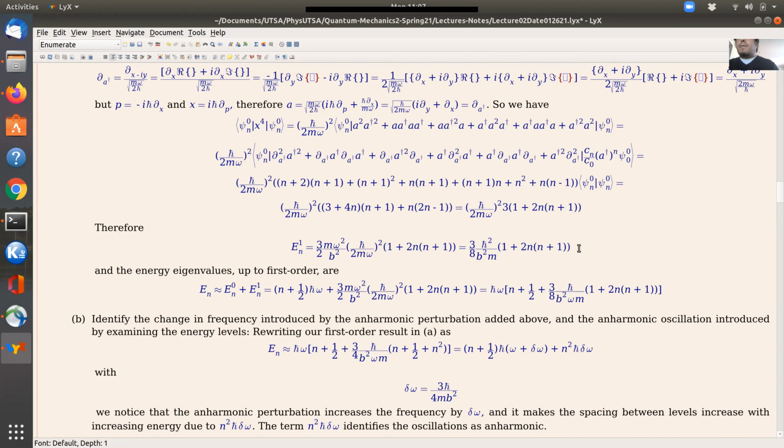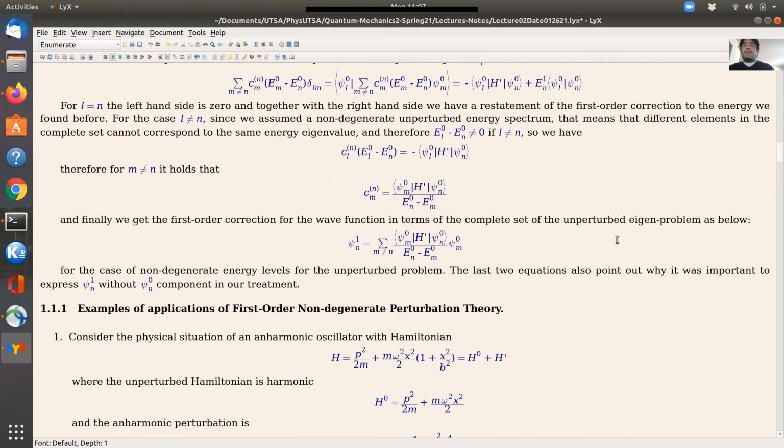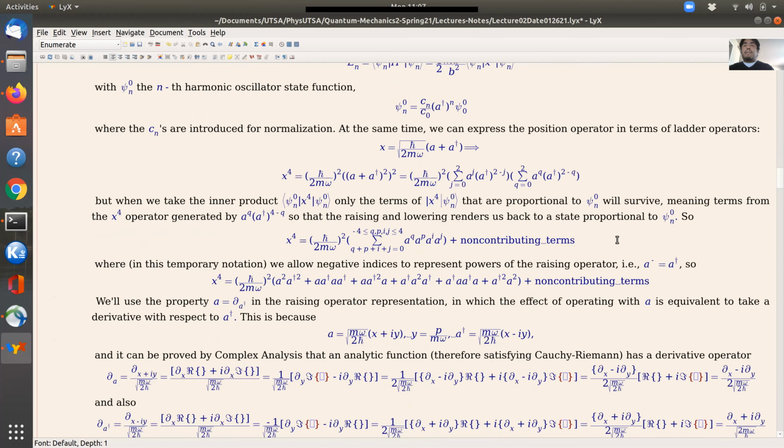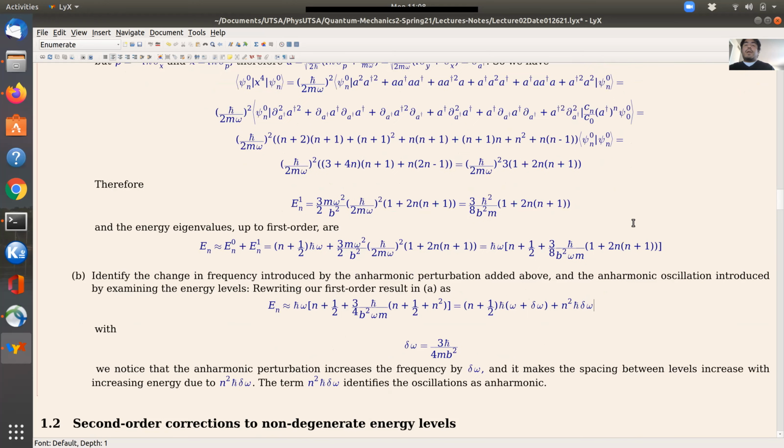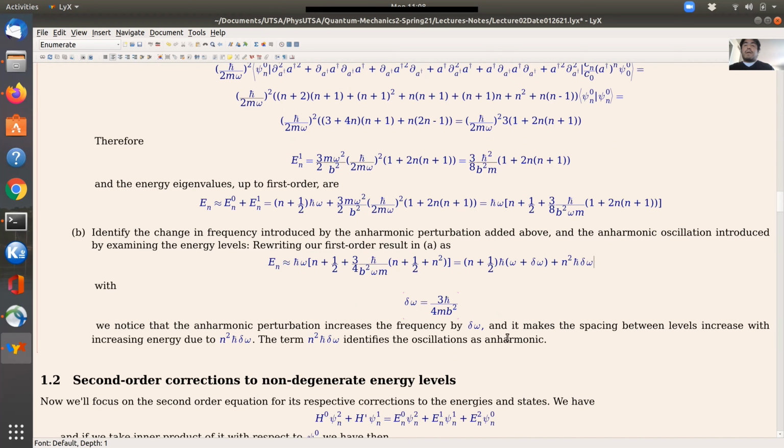This is accounting for the first part of time-independent perturbation theory, where you have non-degeneracy in the energy levels, with the theory presented before and a simple example for the correction to the energies up to first order. In the next class, we will talk more about second order corrections to non-degenerate energy levels.